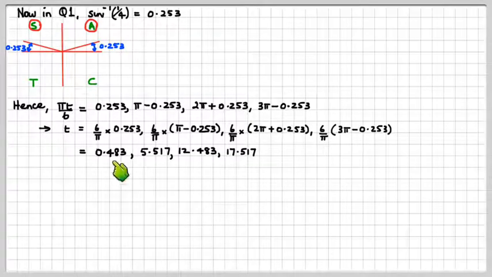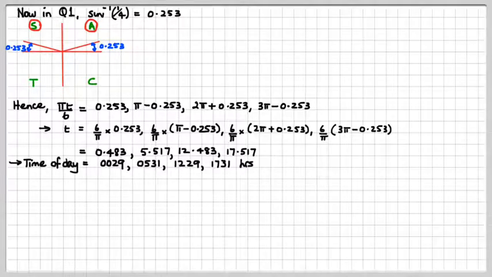Now we've got to convert these into, well, I think we need to convert them into time of day to really answer the question properly. So let's convert them into times of day. They're hours after midnight at the moment. So that's 0.483 hours after midnight, 5.517 hours after midnight, and so on. So that's 0029.